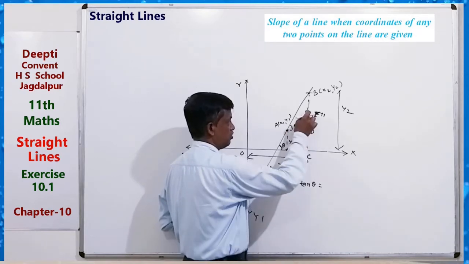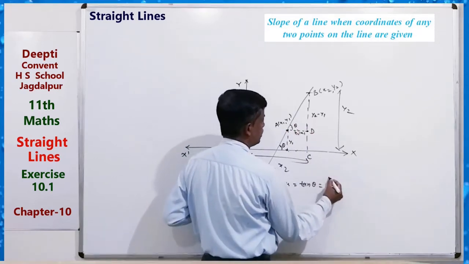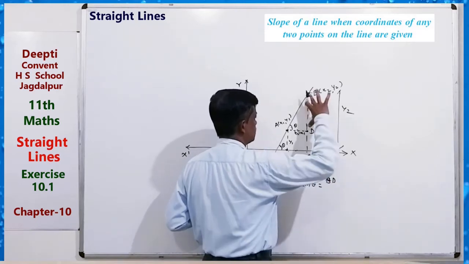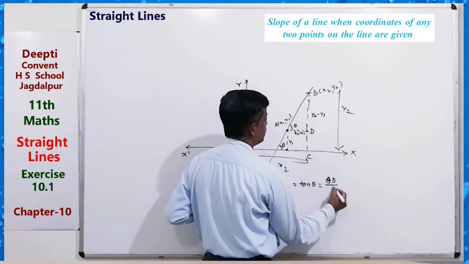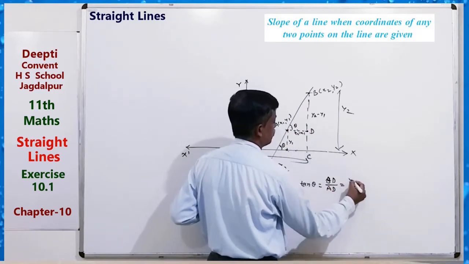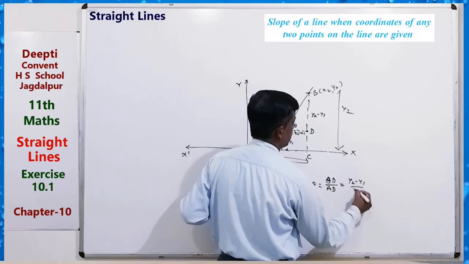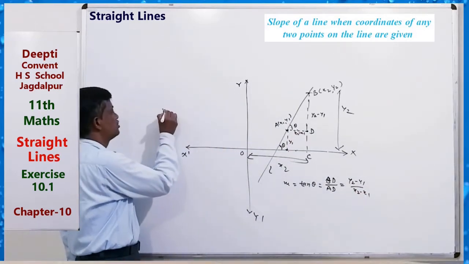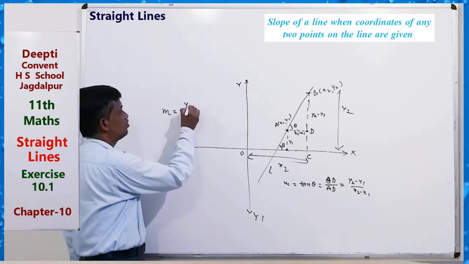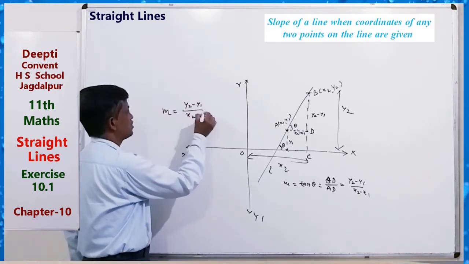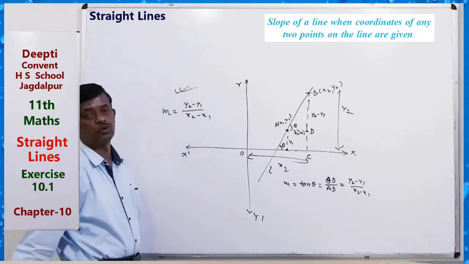Perpendicular by base means BD upon AD, that is, y2 minus y1 upon x2 minus x1. Okay, so this is our formula: slope equals y2 minus y1 upon x2 minus x1. This is our slope formula.